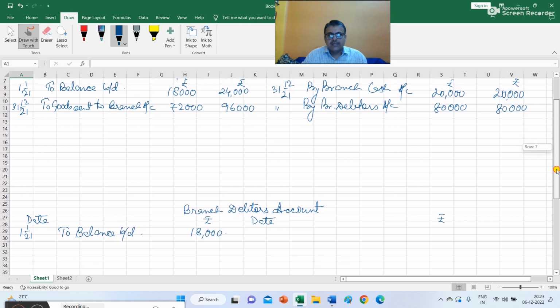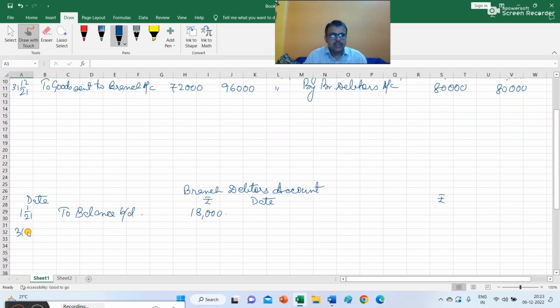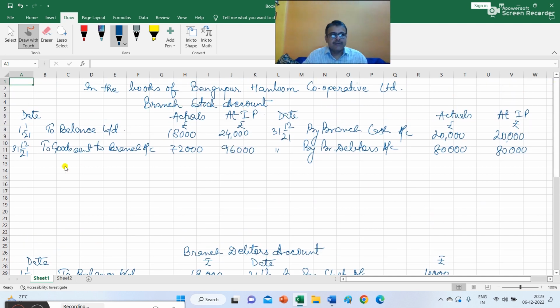You have to write this in branch debtors account on 31st December 21 as to branch stock account, 80,000. Next transaction is goods returned by debtors. On 31st December 21, in the debtors account, you have to write as by branch stock, that is goods returned by debtors for rupees 4,000. And in branch stock account, you have to record as to branch debtors account. This is basically sales return.